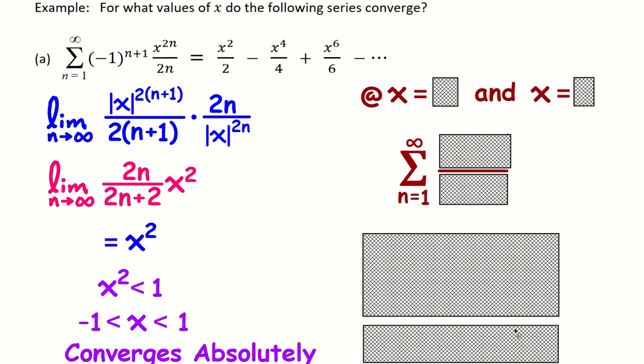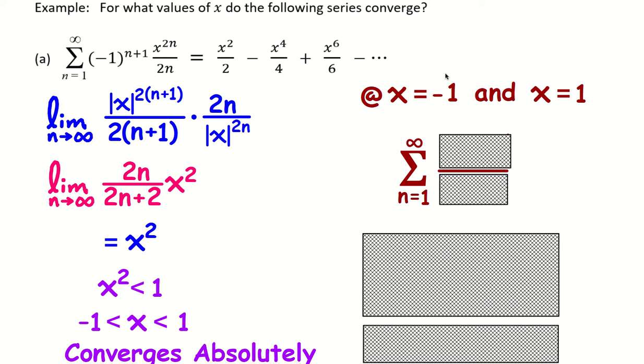So we're going to check it at x equals -1 and at x equals 1. So check this out. If we leave this alone, no absolute value. We already did that. We threw absolute value in there so we could do the ratio test, and this is what we got so far for our interval.